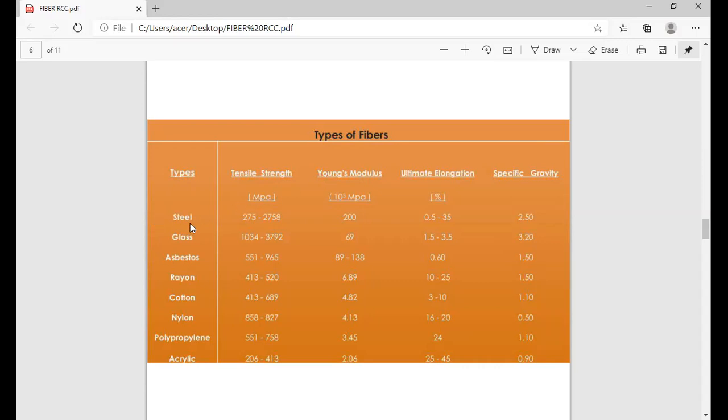If we are talking about steel, the tensile strength of the fiber is 2752 to 2758 MPa, Young's modulus is 200 × 10^3 MPa, and ultimate elongation varies from 0.5% to 3.5%. The specific gravity is equal to 2.5. So these are the fiber names, and these are the properties of fibers.